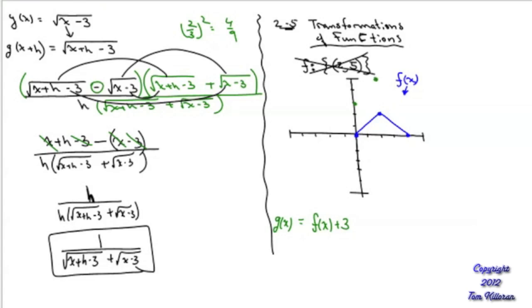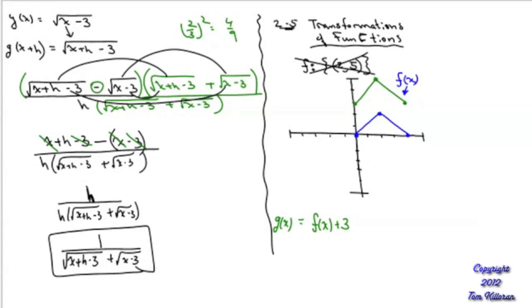And it would take 4, 0 and bring it to 4, 3, which would be right here. So it takes the entire graph and brings it up 3 units. Every single y value gets increased by 3 units.